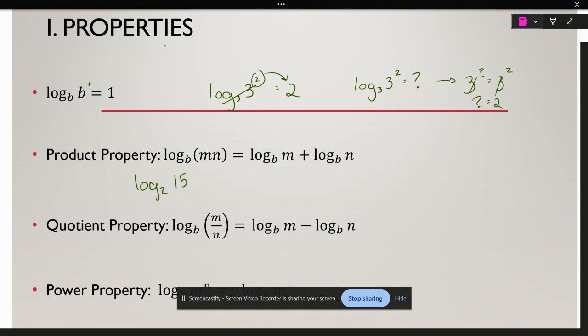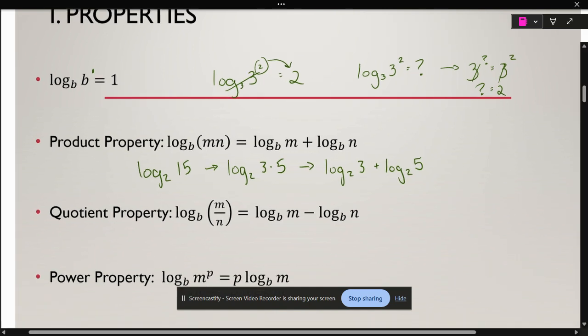If I needed to, I could split this into log base 2 of 3 times 5, which then would expand into log base 2 of 3 plus log base 2 of 5. You can also work the other way in order to simplify. That's usually what you're going to do, condense everything into one, but you can also expand as well.